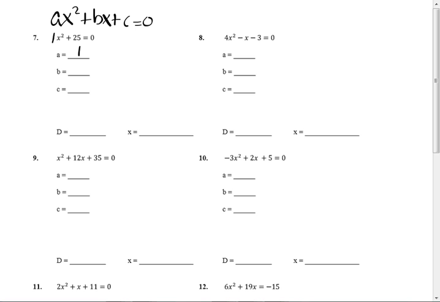Okay. Here's the hard part. What's B? 0. Because there aren't any x's, so B has to be 0. Nick? What's C? Hey guys? What's C? Sarah, what's C?